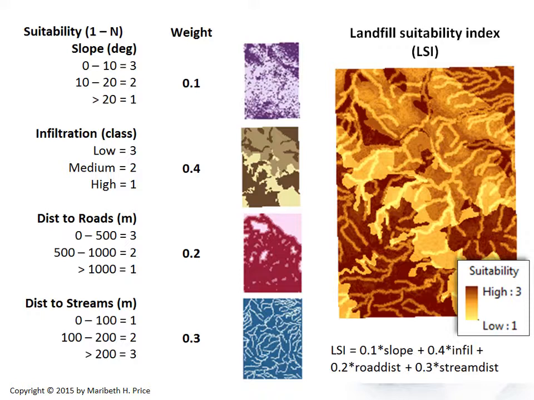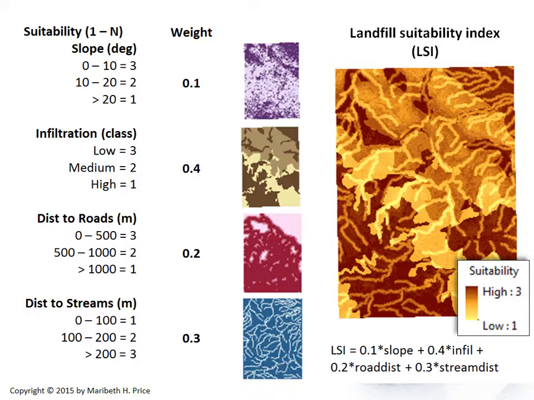Distance to the roads in meters. Here, again, we've created a score for it. 0 to 500 meters, 3, 500 to 1,000, 2, greater than 1,000 is 1. And our weight, our multiplying factor, is 0.2. Distance to streams in meters, 0 to 100, 1, 100 to 200, 2.